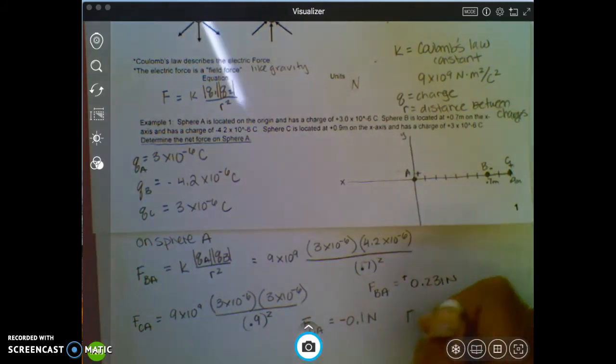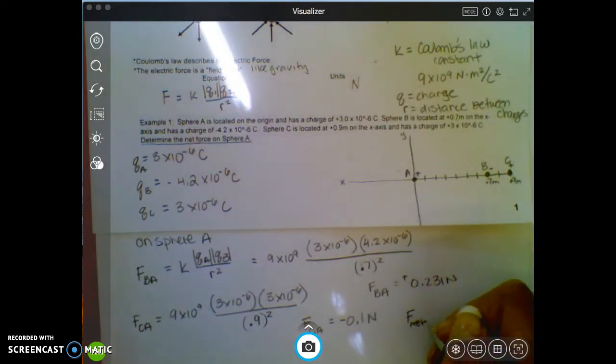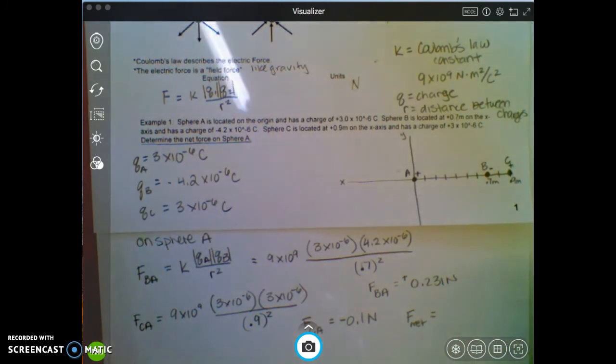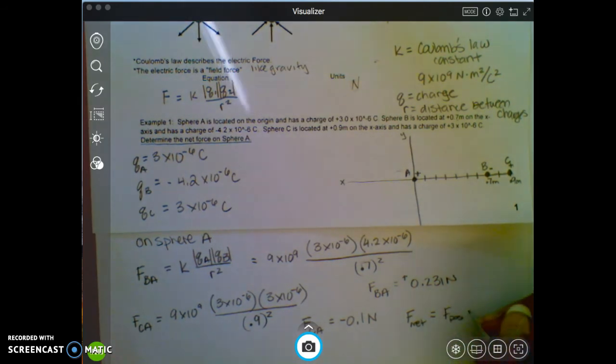Now for the net force, remember when we went way back to when we did net force on objects with Newton's laws, we said that the net force was the positive forces minus the negative forces, and it's the same idea here.